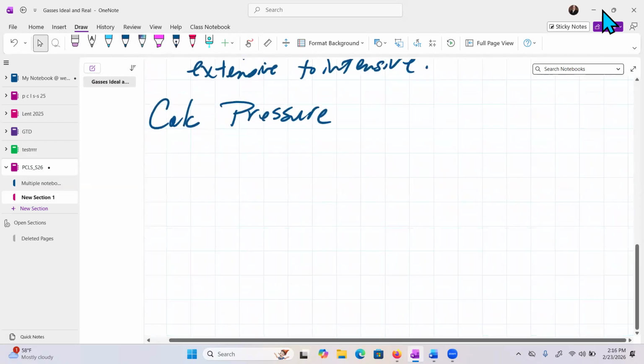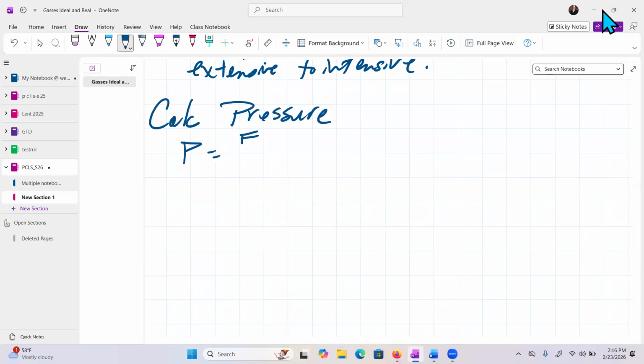Did you ever wonder? We have pressure equals force per unit area, right? You know this from physics. So force per unit area. How can we use the height of a column of mercury to measure pressure?